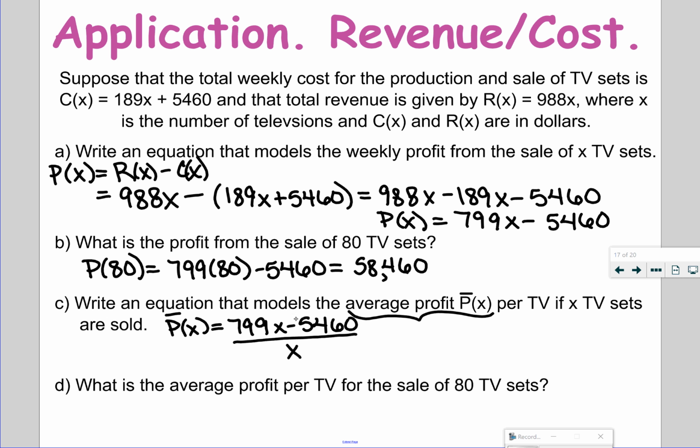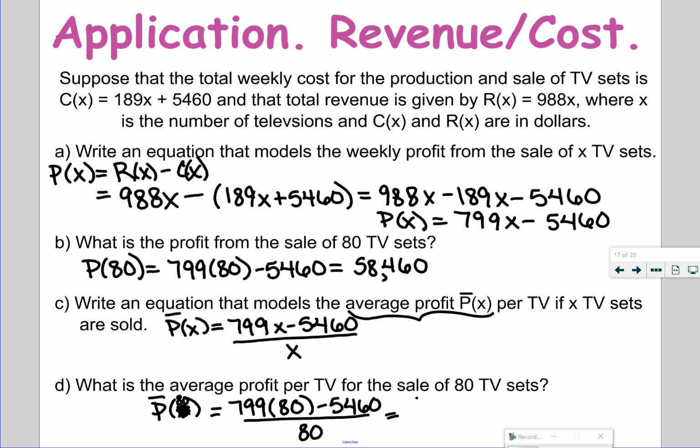Part D is just using that function now. What is the average profit per TV for the sale of 80 TV sets? So we're going to evaluate into this, and actually I could put an 80 in there if I want to. There we go. So that's going to be 799 times 80 minus 5,460 divided by 80.